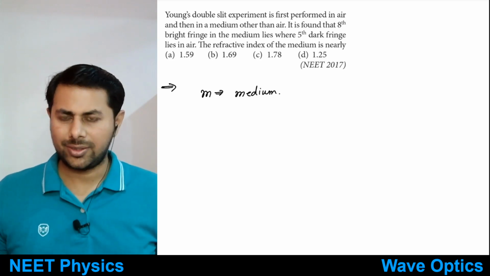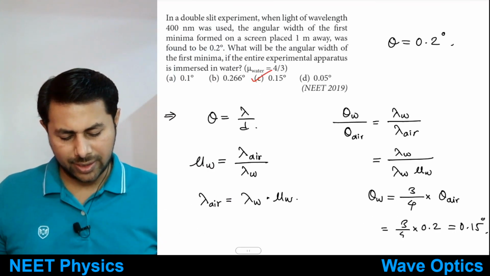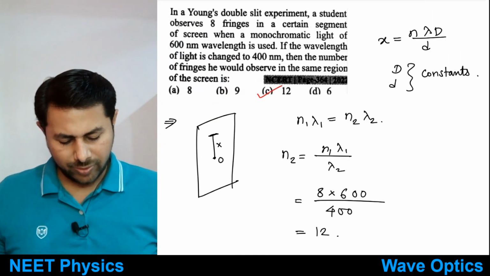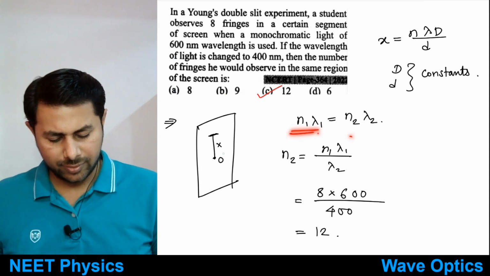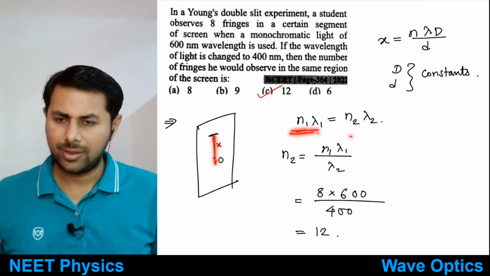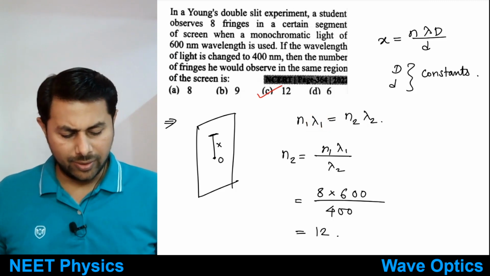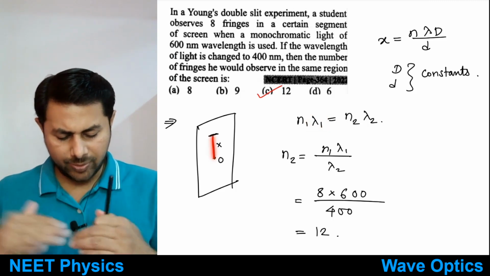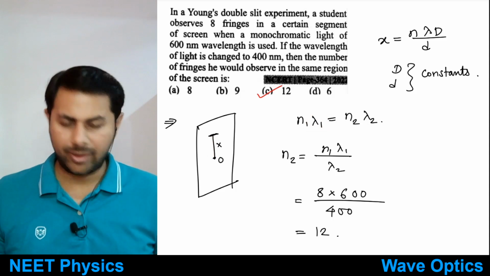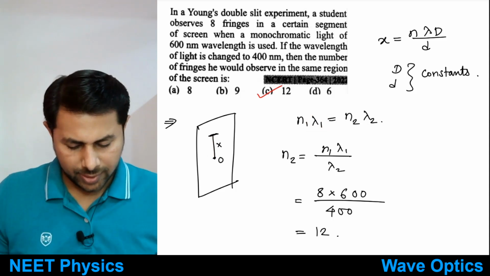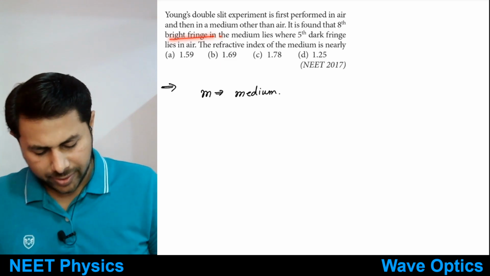Okay, so this is also similar to the other question that we saw. This one here, it was N1 bright fringes for wavelength lambda 1, which corresponds to N2 bright fringes for the second wavelength. But now we have the 8th bright fringe.